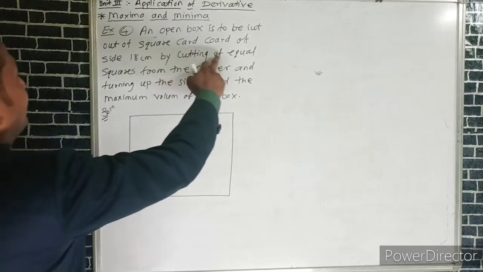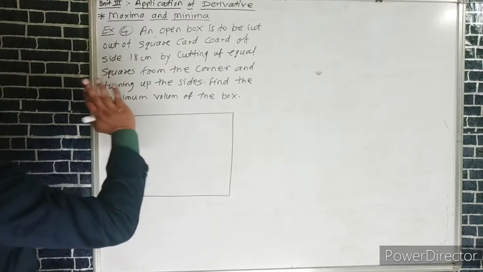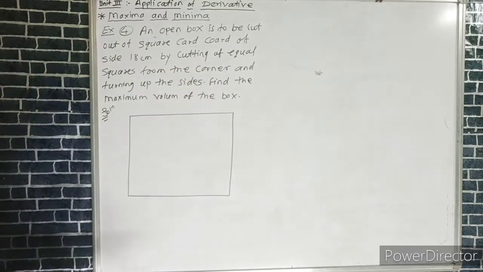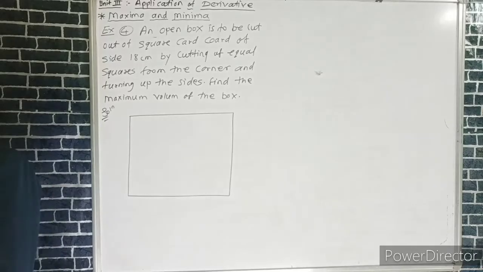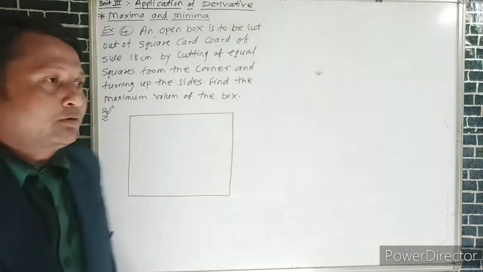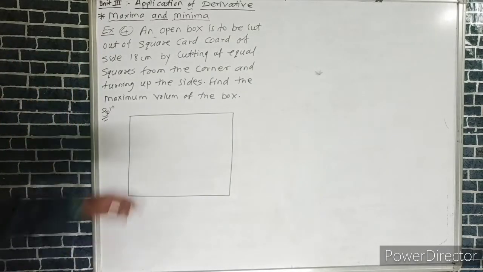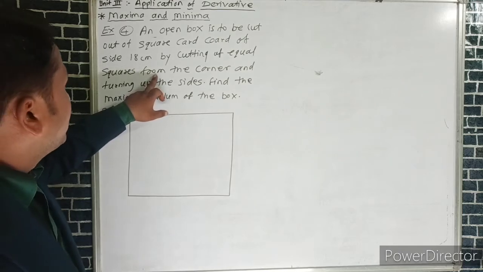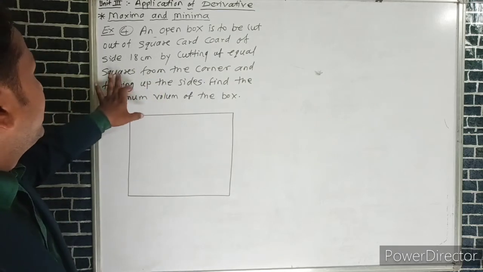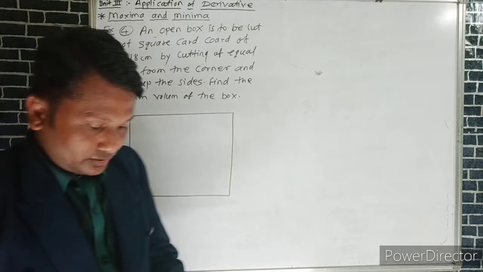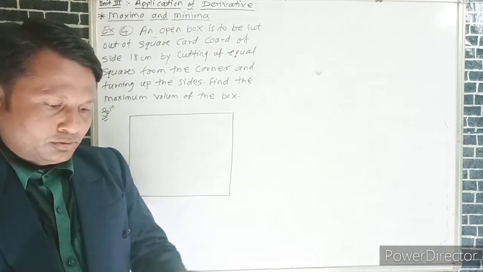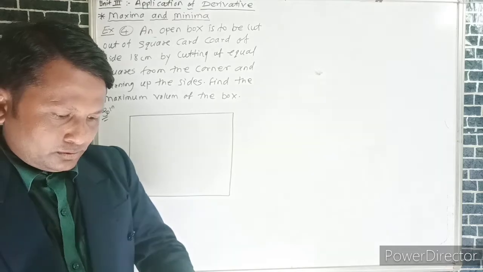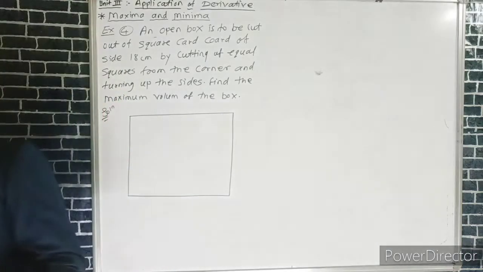By cutting off equal squares from the corners, if we fold this square after cutting the four corners of the square in equal size, it gives this type of model.